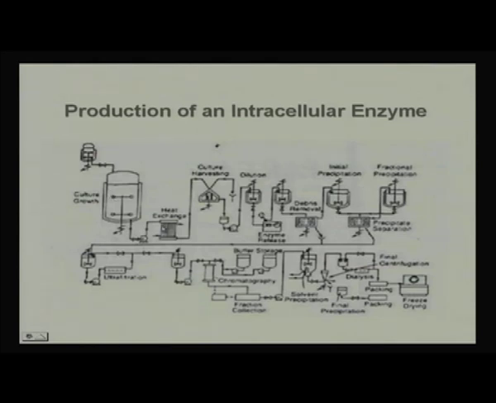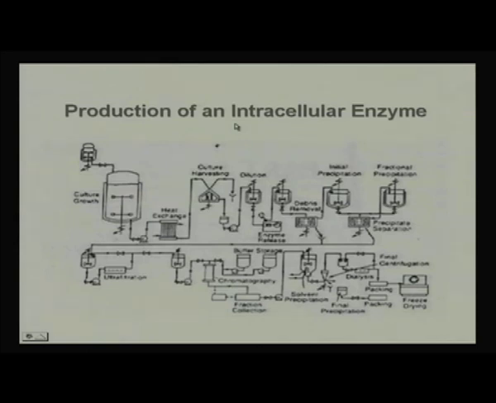After fermentation, when we are harvesting, we take the particular extract. Once the fermentation is over, we take this extract and go for precipitation. This is for intracellular enzyme production.